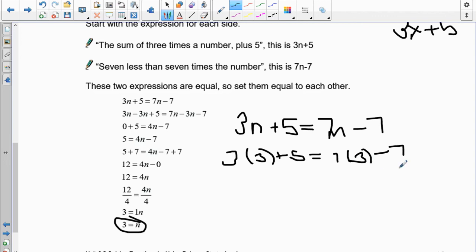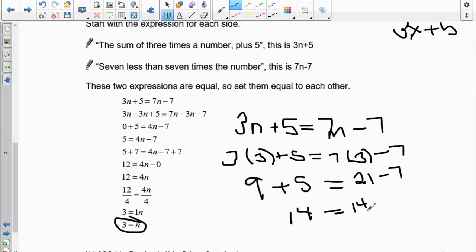Now, remember, in order of operations, we multiply before we add, so 3 times 3 is 9. So on this side, I've got 9 plus 5. 7 times 3 is 21, take away 7. Well, 9 plus 5 is 14. 21 take away 7 is also 14. So we know that our solving was done correctly.